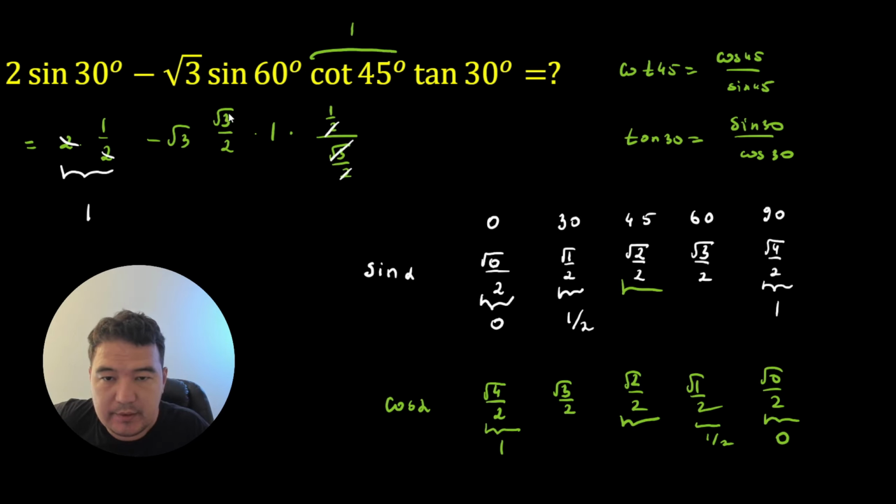And this root of 3 can be cancelled out with this one. So in the end, we are left with root of 3 over 2 only. So this is an irrational number and this is just 1, an integer. So you can't subtract it. So that's the final answer. The result of this expression is 1 minus root of 3 over 2.